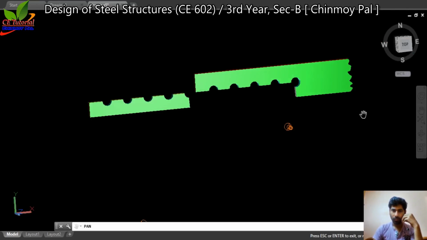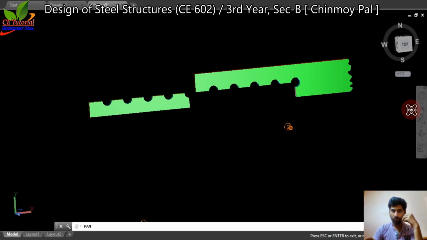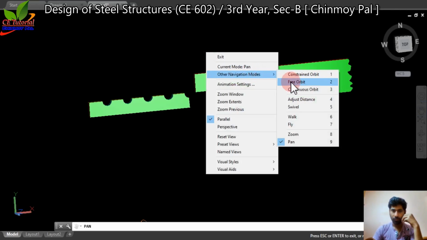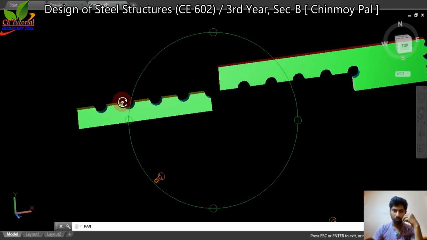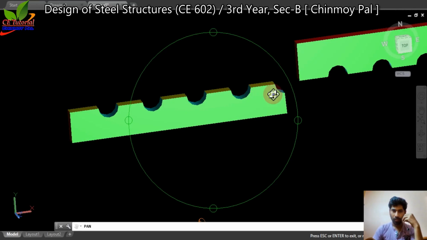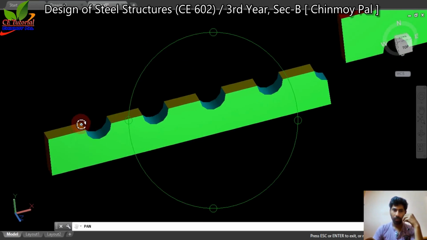Now to calculate the block shear strength, you need to consider this part, and you have to calculate the net area of this surface and gross area of this surface, and net area at this surface and gross area at this surface.